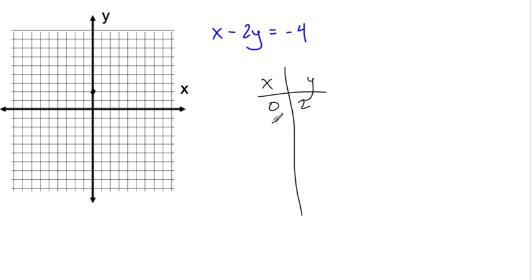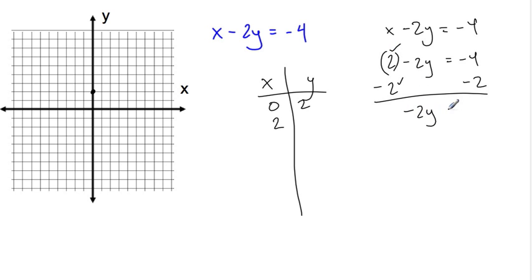So for my positive number, I'm going to pick 2. x minus 2y equals negative 4. 2 minus 2y equals negative 4. So this 2 is positive. I subtract it.